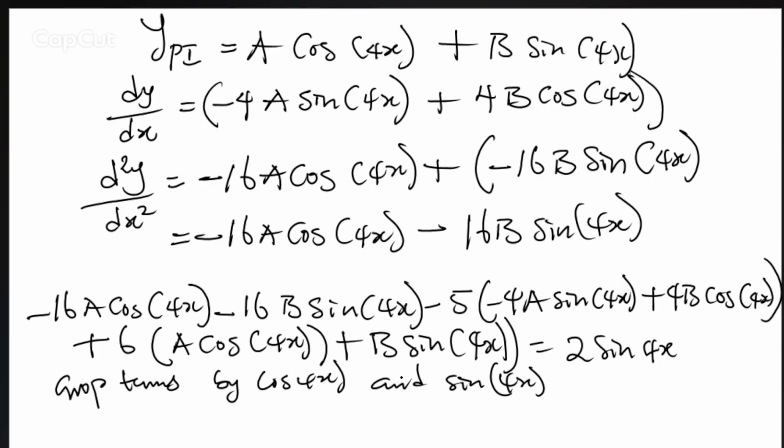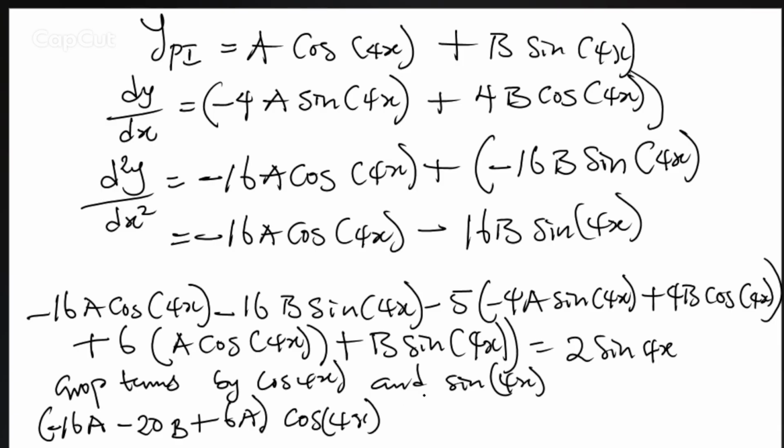So we are grouping cos 4x one side, and sine 4x one side. Now if you do that, you will have minus 16a, this is having cos 4x. So you have minus 16a minus 20b plus 6a. And these are the values for cos 4x. Confirm that.